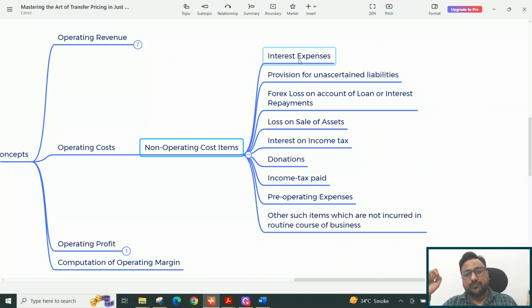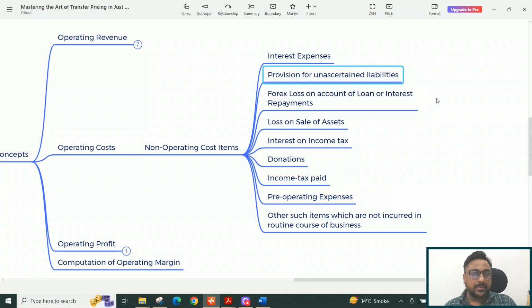Then provision for uncertain liabilities. If there is a bad debt reserve, then the reserve needs to be reduced, not the bad debt which has actually been written off. Similarly, for uncertain liabilities provisions, if you find that contingent liabilities have been debited under the profit and loss account, you are required to exclude that and appropriately arrive at the operating cost.